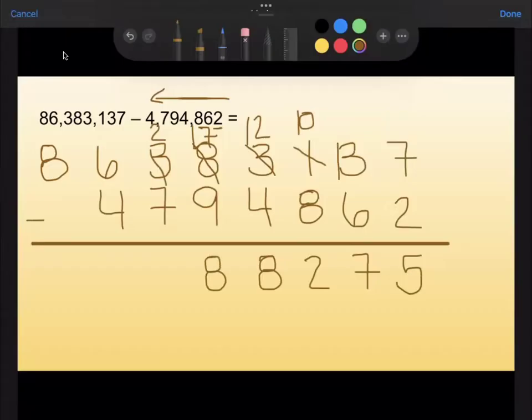Can't take 7 away from 2. Got to regroup again. So this becomes 5, and I put a 1 in front of the 2 to make it 12. 12 minus 7 is 5, and 5 minus 4 is 1. Oh, finally, no more regrouping so far. And then 8 minus nothing is 8. So once I put all the commas, I end up with 81,588,275.